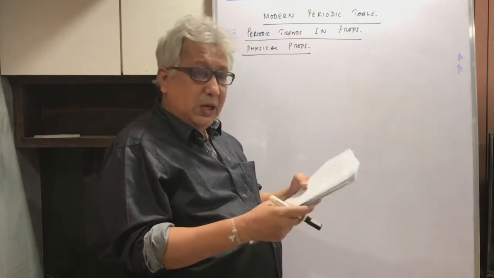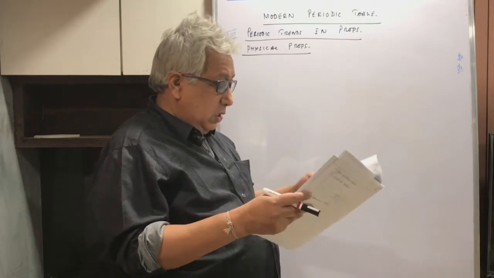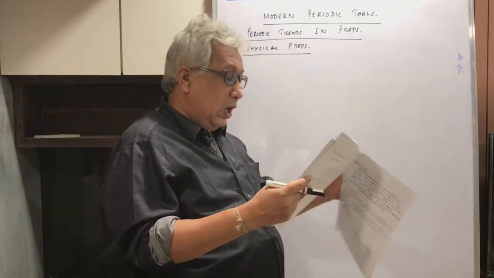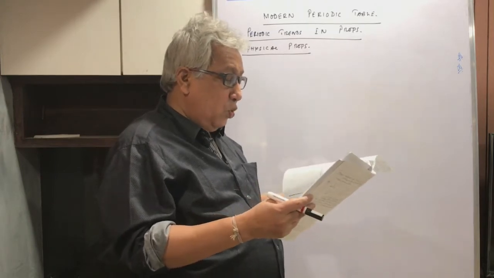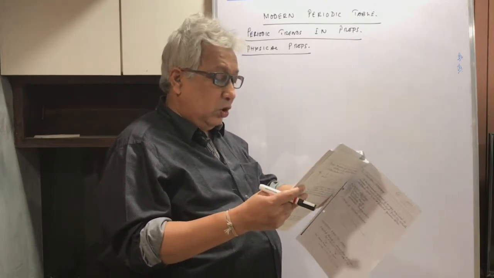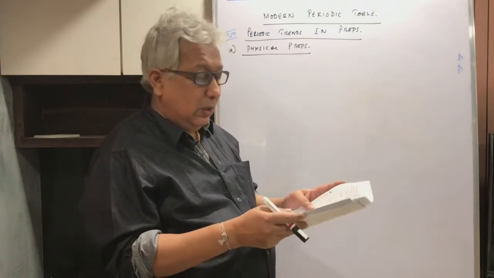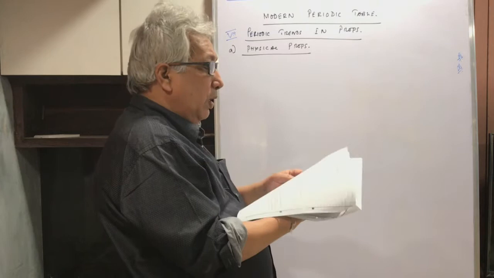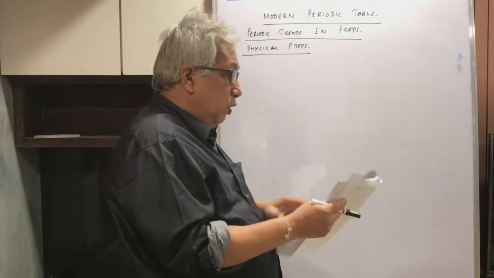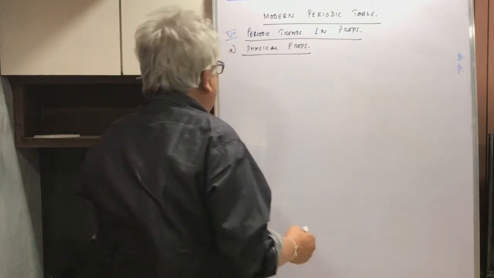Then number 3, we have discussed the ionization enthalpy, and then after that, number 4, we have talked about electron gain enthalpy. Now the last one in the physical property, number 5, that will be the electronegativity.